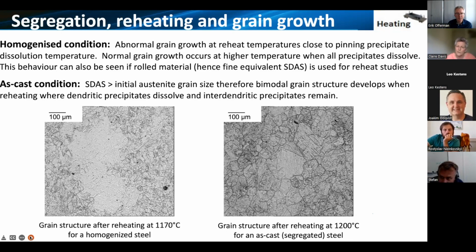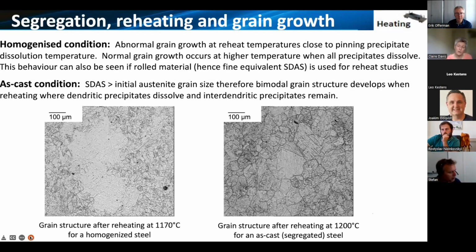What we found is that it's actually quite hard to make some of the commercial as-cast slab steels go to an abnormal grain structure. What we found is that you tend to end up with a bimodal grain structure, because you've got this spatial distribution of precipitates. In the dendritic regions, where you have a lower concentration of microalloy elements, the precipitates dissolve first.